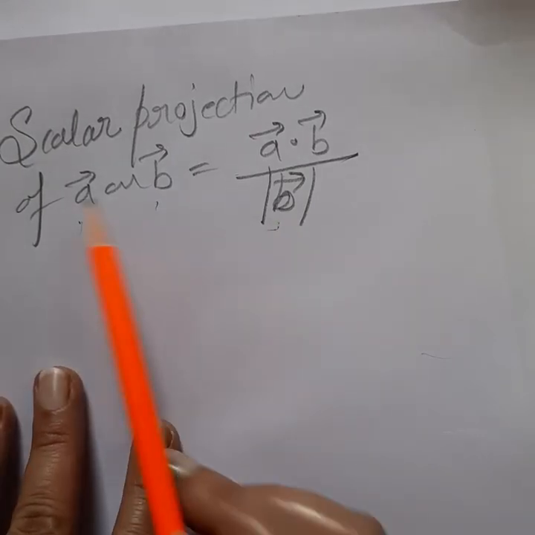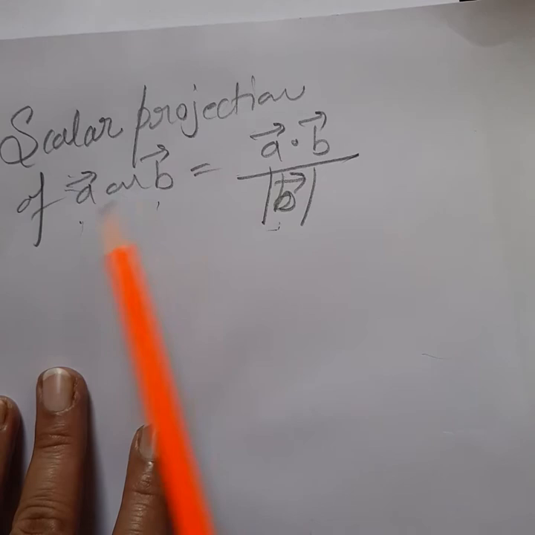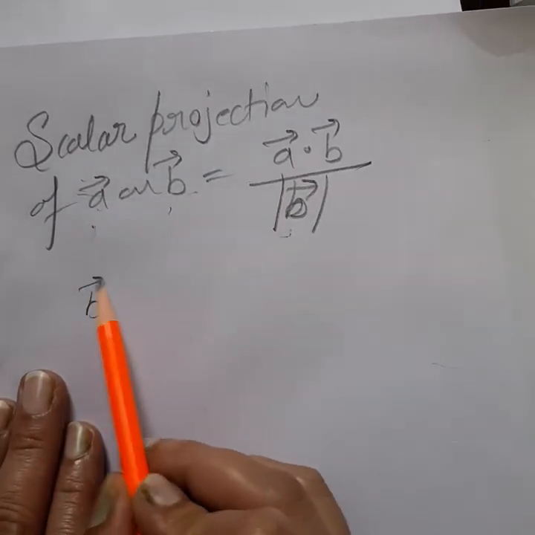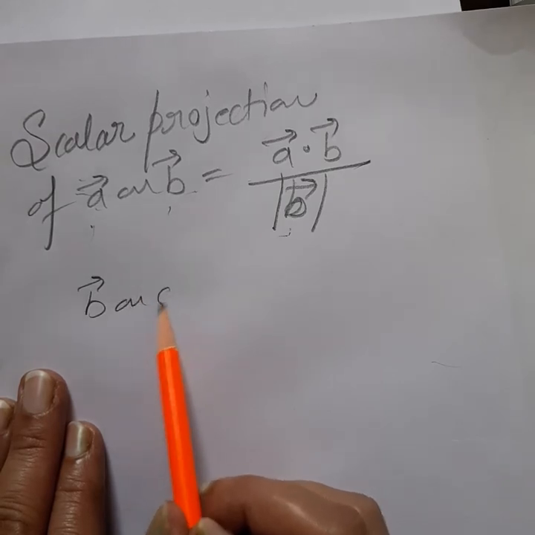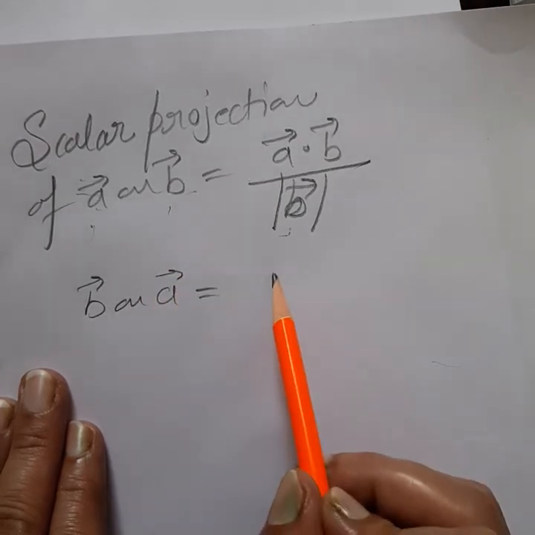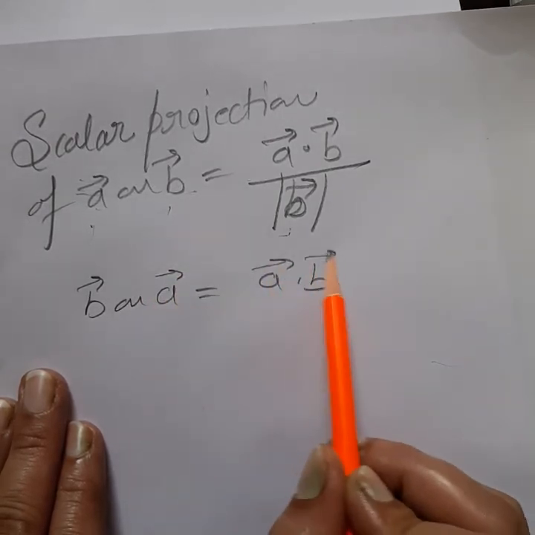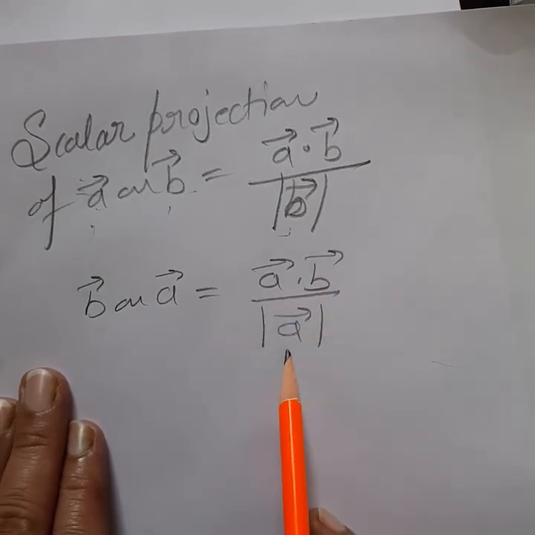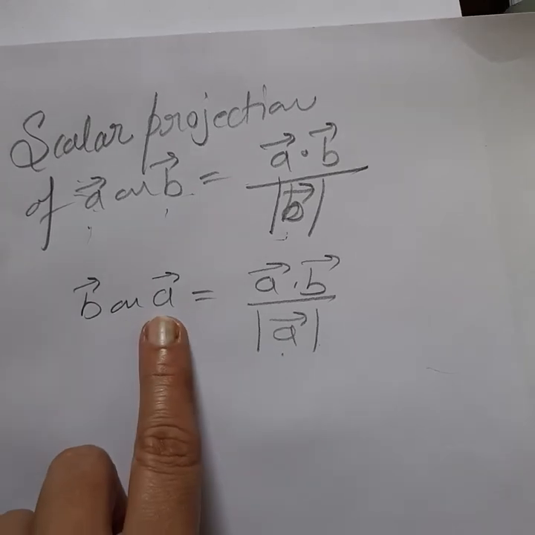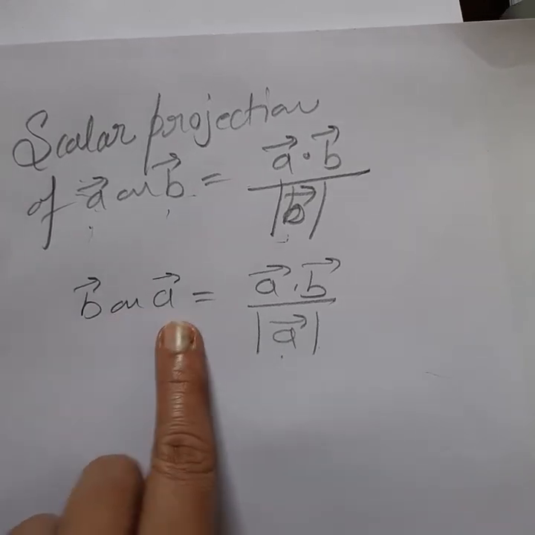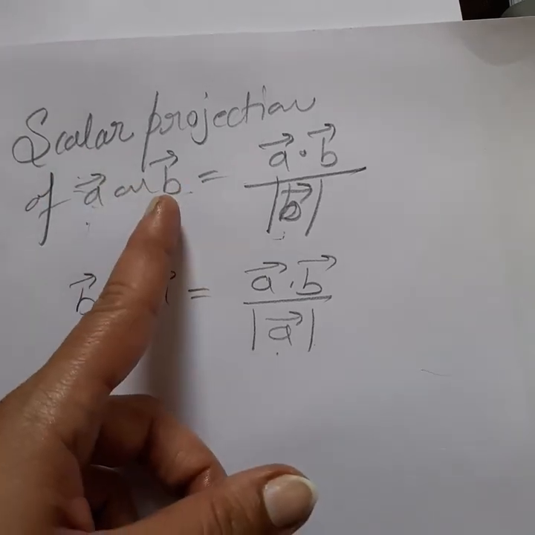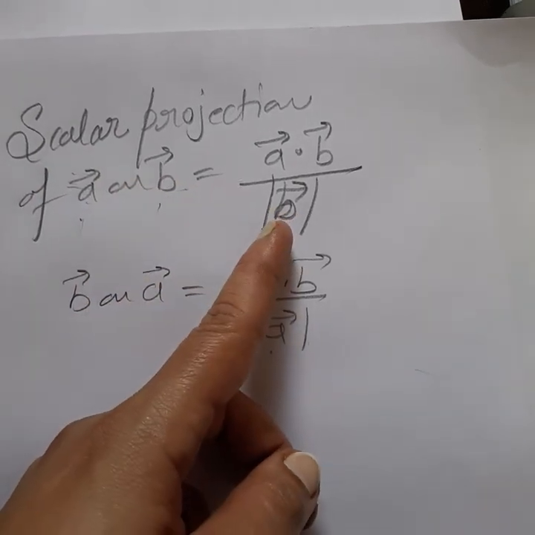And if we have to find the scalar projection of b on a, then you can write a vector dot b vector upon mod of a vector. So b on a, then we write a in the denominator, and if a on b, then we write b in the denominator.